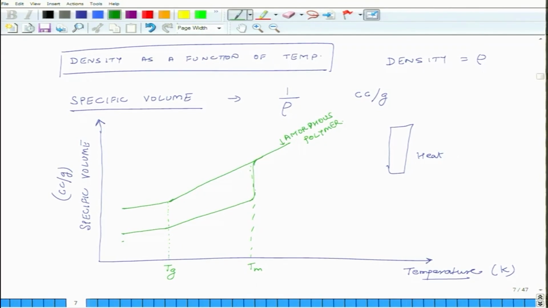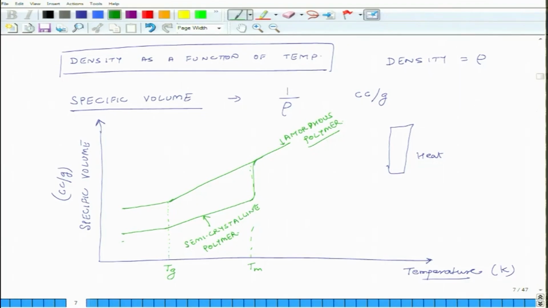So this curve is for a semi-crystalline polymer. For semi-crystalline structures, there is some change, density goes down and specific volume goes up, but after the melting point it really goes up significantly. And that is how the behavior differs from amorphous polymers.